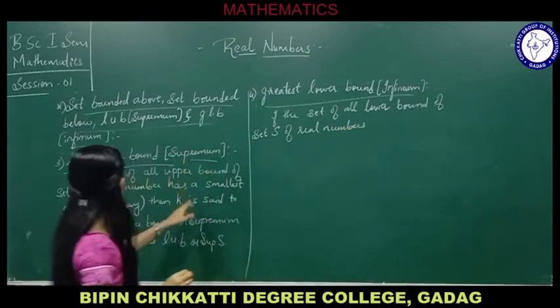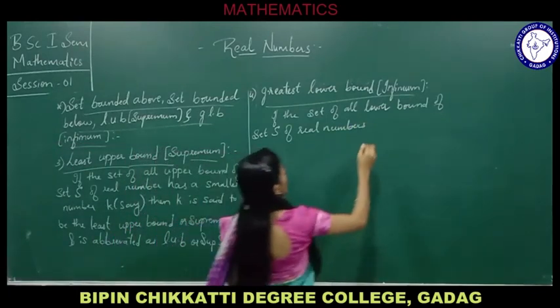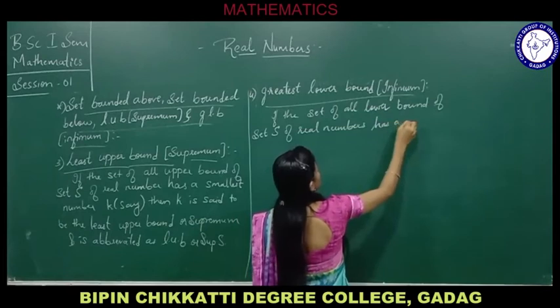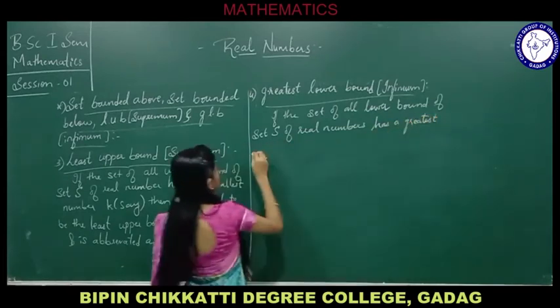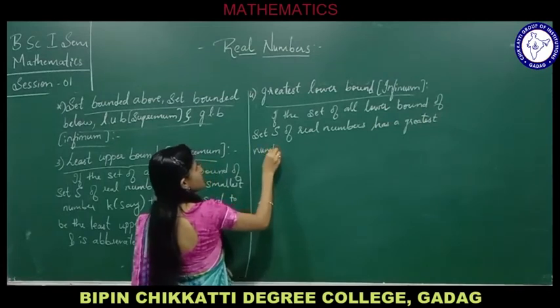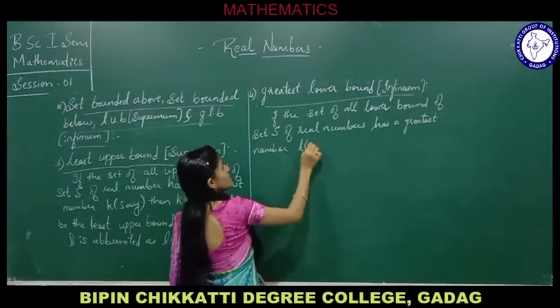We wrote there has a smallest number, no? The same way here it has a greatest number, let us consider that as L.